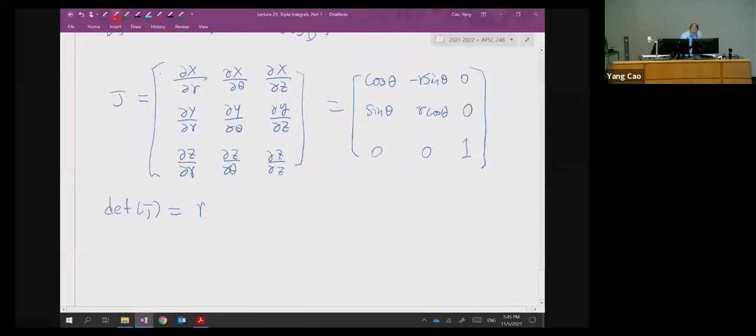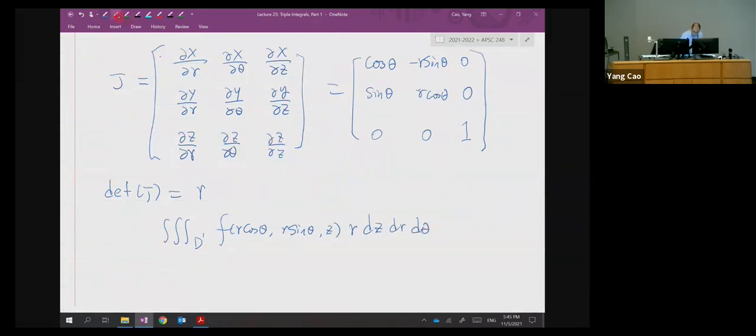So your new triple integral, okay, is r, okay, dz, dr, d theta. Okay.